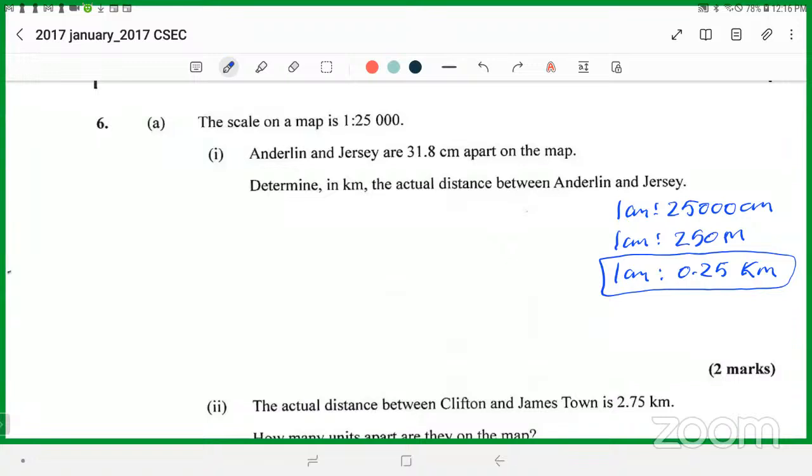So let's go now. So 1 centimeter is 0.25 kilometer. Since we want 31.8 centimeters, you want this side to become 31.8. You multiply this ratio by 31.8, as simple as that. So when this side becomes 31.8, that's on the map, you will see what the actual distance is in kilometers by multiplying that also by 31.8.